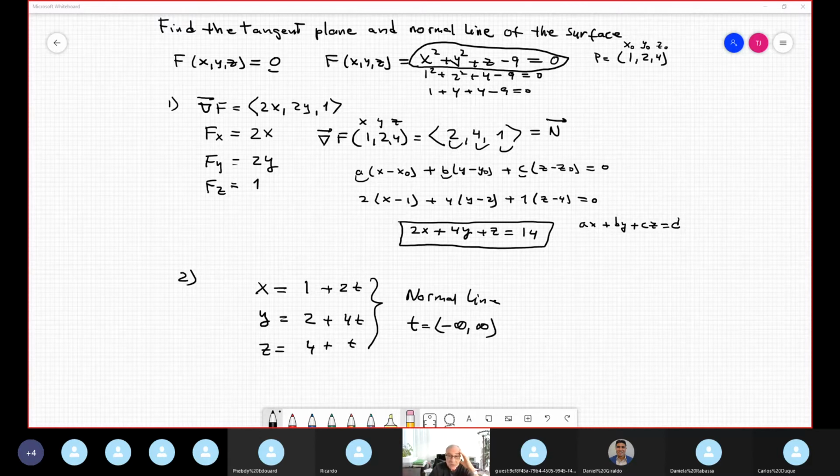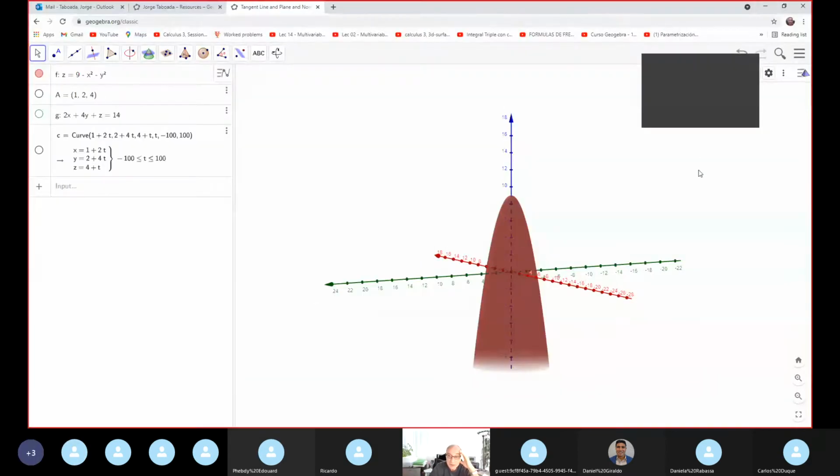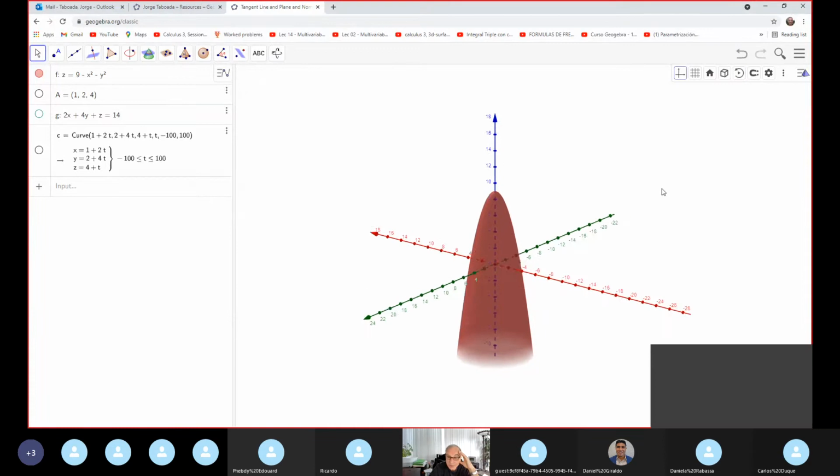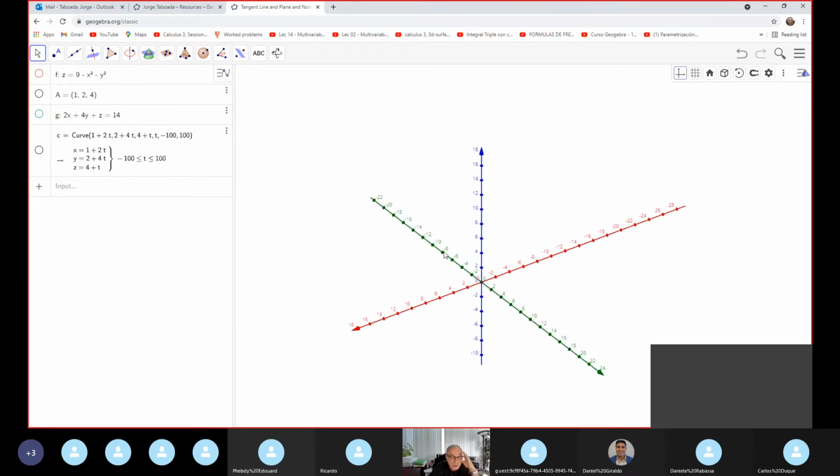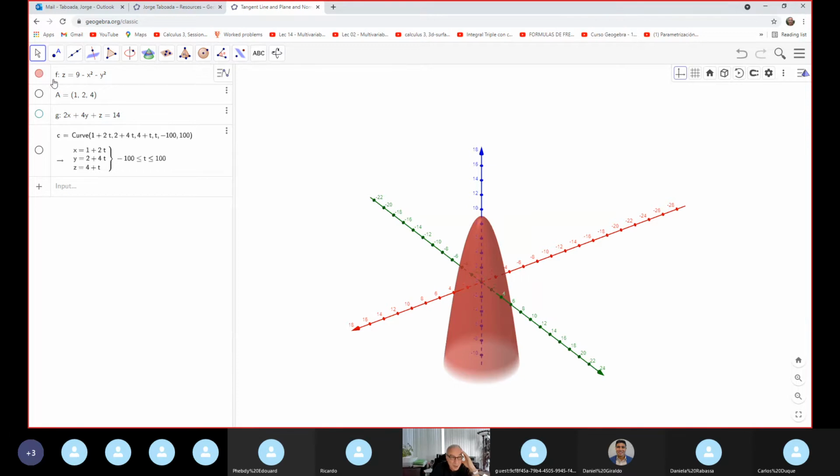Switching to this. Do you see that? Okay, super. This is the same example. It's a paraboloid. Look at that. This is our famous paraboloid. And this paraboloid opens down, and the z intercept point is 9. 9 minus x squared minus y squared.